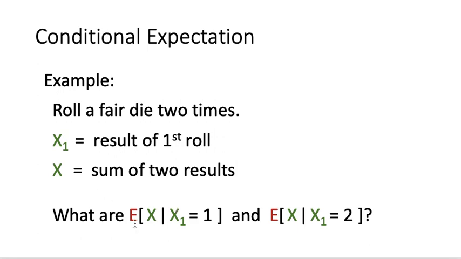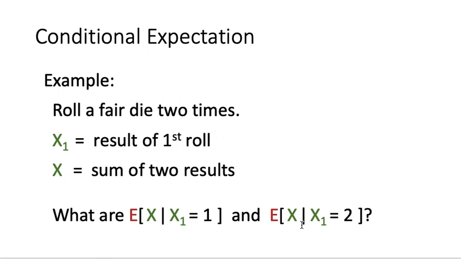So to compute the expected value of X under the knowledge that X1 is equal to 1, we have a 1 over 6 chance to be equal to 2, plus a 1 over 6 chance to be equal to 3, plus a 1 over 6 chance to be equal to 4, and so on, up to a 1 over 6 chance to be equal to 7. After computing this, we will get the value of 4.5, if my calculation is correct. You can also verify it by yourself.